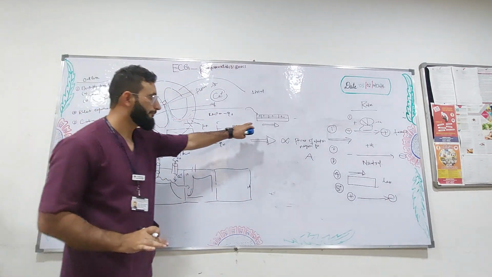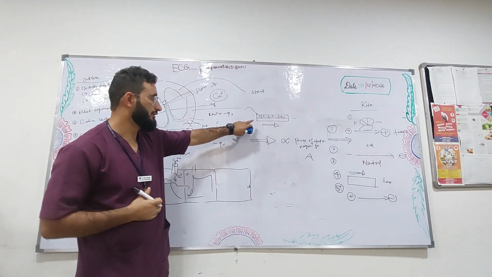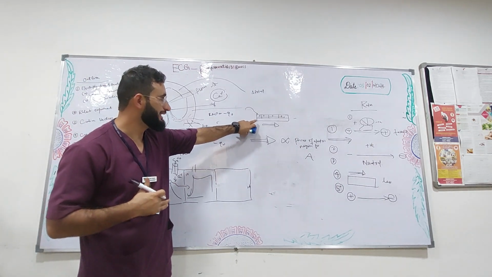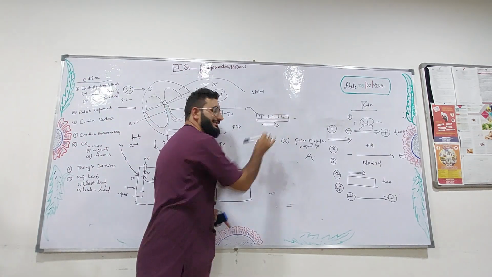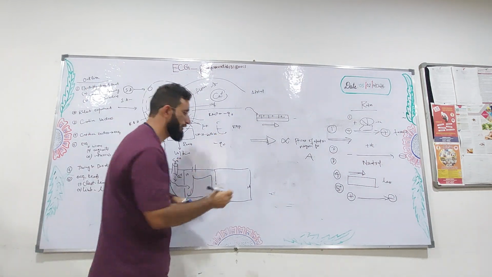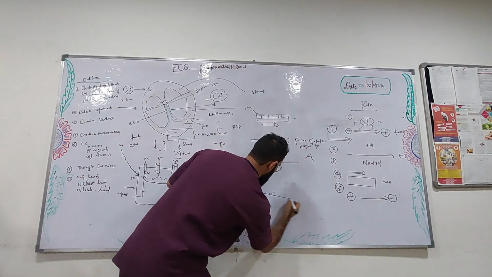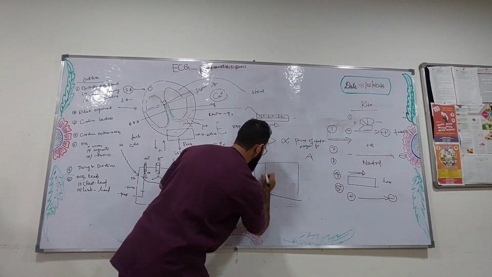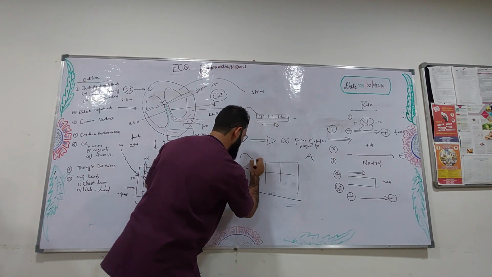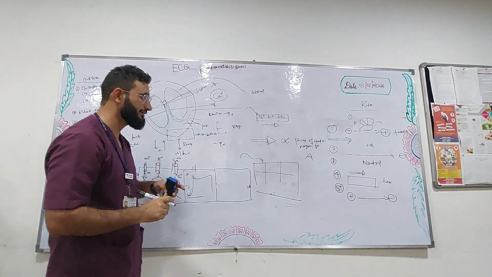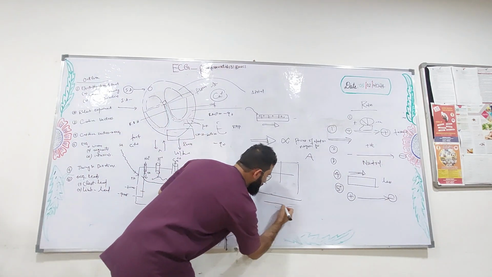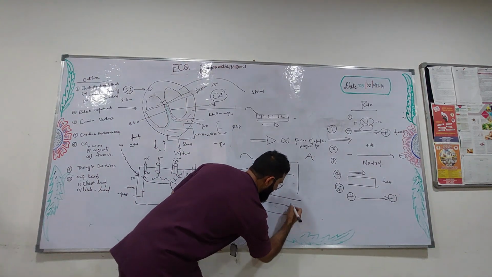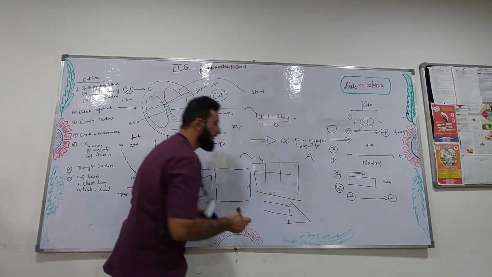So what I am trying to make you understand is, this is thinner myocardium and this is thicker myocardium. When the thicker myocardium gets depolarized, it produces a strong vector. Here it produces a weak vector, here it produces a strong vector.